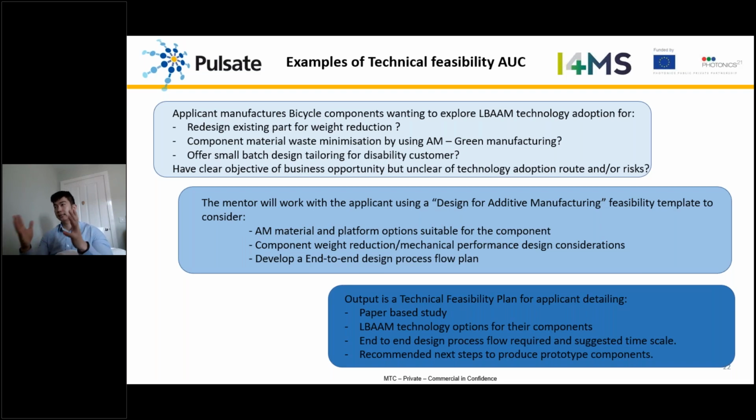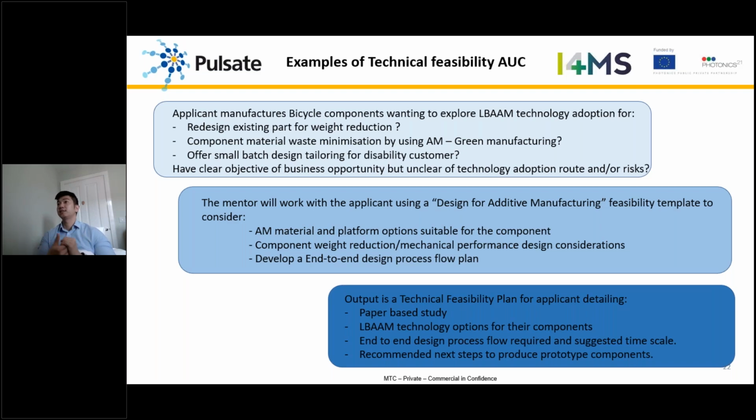The project they're looking at is, let's say someone wants to redesign the bicycle components or the bicycle model that they're selling, and they want to come out with a new bicycle product that is lighter weight than their existing model to compete with other manufacturers.